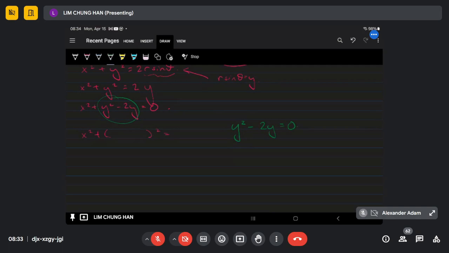Y minus 2, yes. So you take y out. But what if I want it in the format squared? How do you do that? You still remember? I think you've learned this before, right?